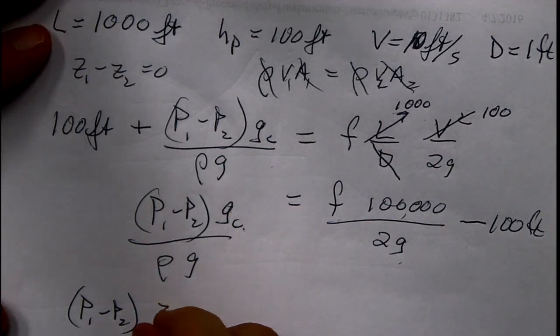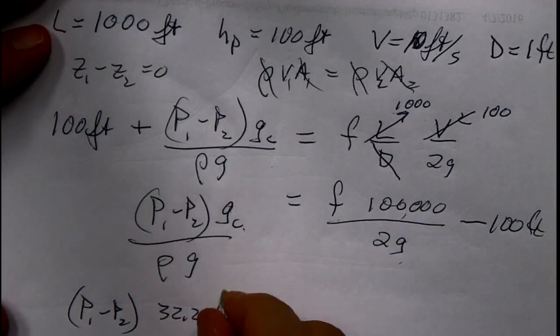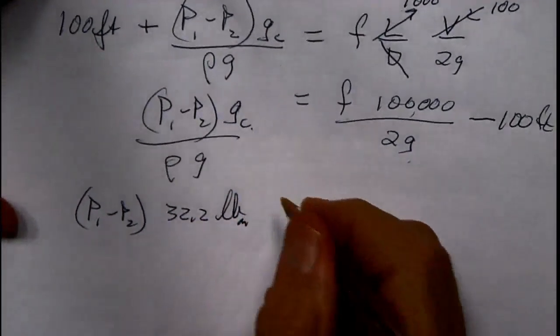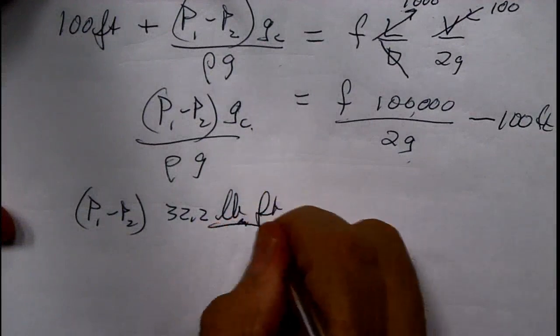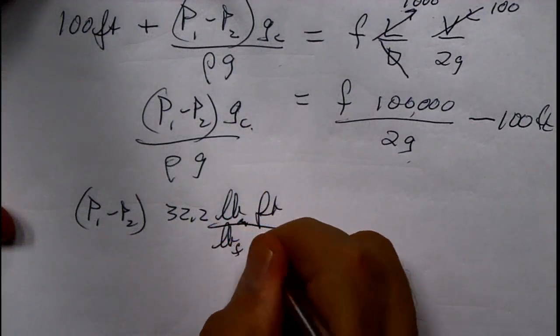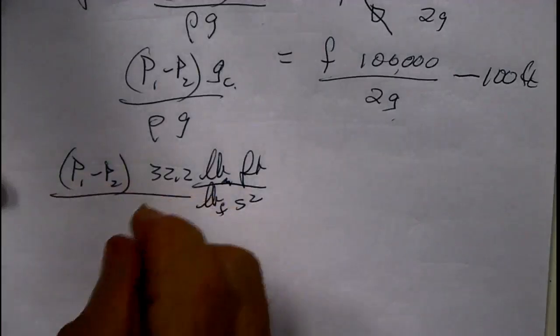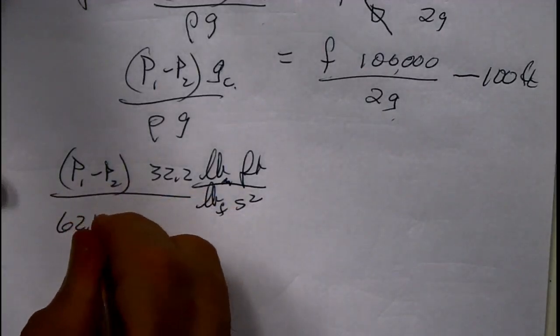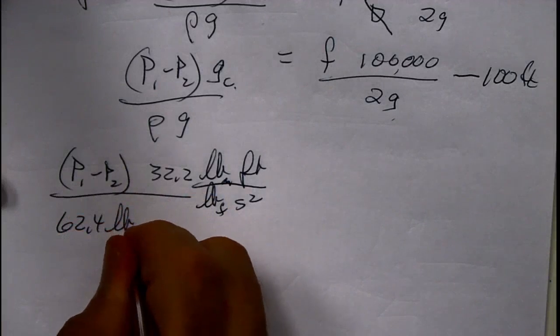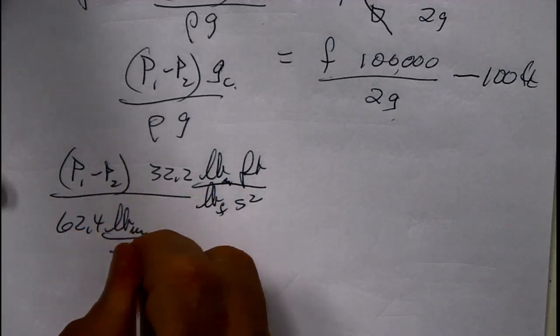And I have G sub C, which is going to be 32.2 pounds mass foot per pounds force second squared. My density is water, which is 62.4 pounds mass per cubic foot.